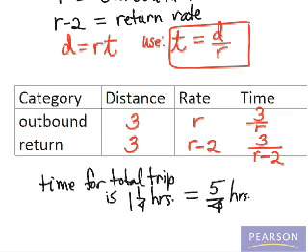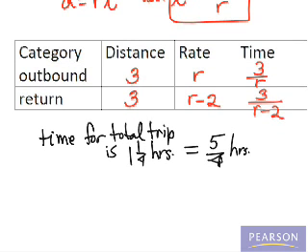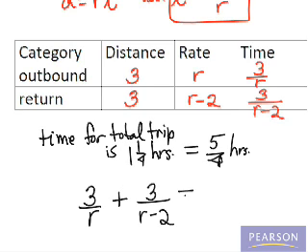So our equation comes from saying that the outbound time plus the return time is 5/4 hours. So the outbound time is 3 over R plus the return time 3 over R minus 2 equals the total time, which is 5/4. We're going to go to the next page to solve this equation.